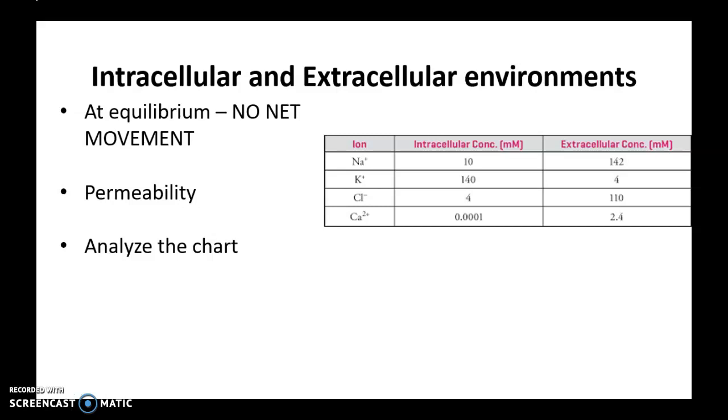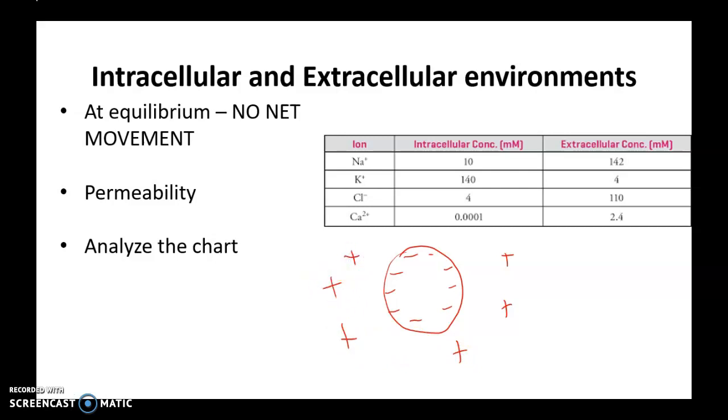Okay, class. So let's play this one more time. So we have a cell, and we know that at rest we have more negative charge inside and positive charge outside the cell, right?